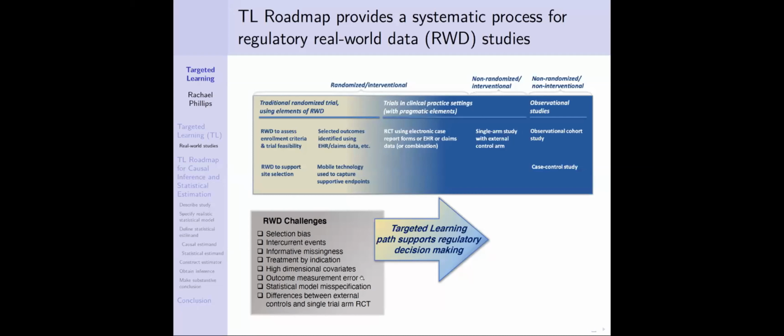There's outcome measurement error, statistical model misspecification, and then there can be differences between external controls and single arm trial randomized control trial subjects. So we'll see how targeted learning can support the path to regulatory decision-making and address these challenges.